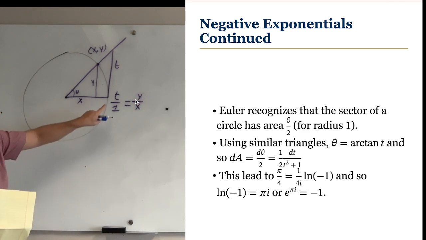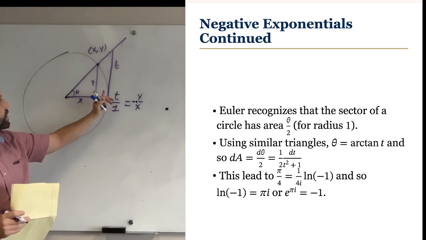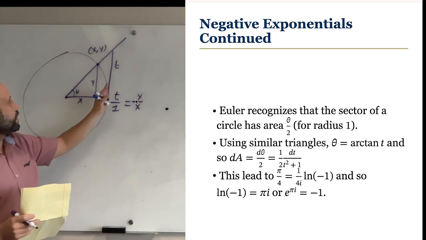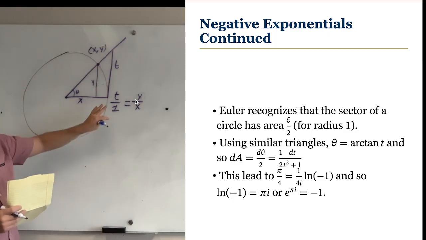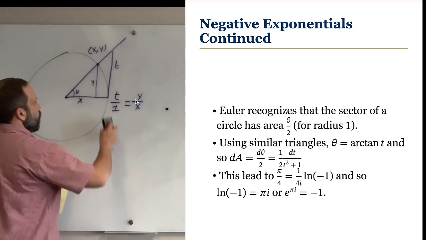In other words, t is the tangent, okay? And we can see that if we just sort of rotate this picture around, then this line right here is also going to be tangent to the circle. So what this tells us is that t is equal to y over x.